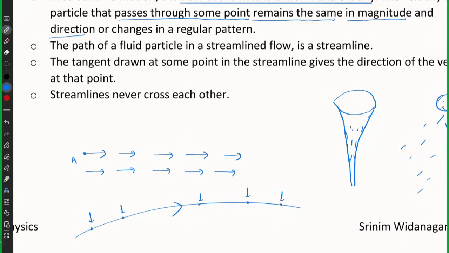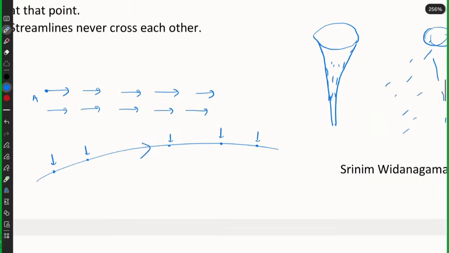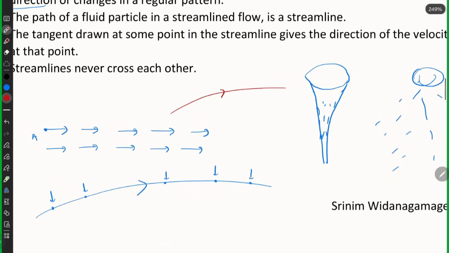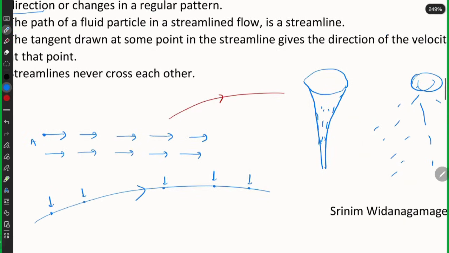And now something very important is, if you draw a particular streamline like that, and mark a particular point, let's say point A, and draw a tangent to that point, what do you observe? When you draw a tangent to a point A that is present in a streamline, we get the velocity of the particle at that particular point, right?